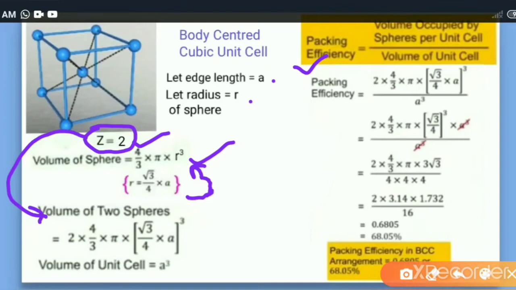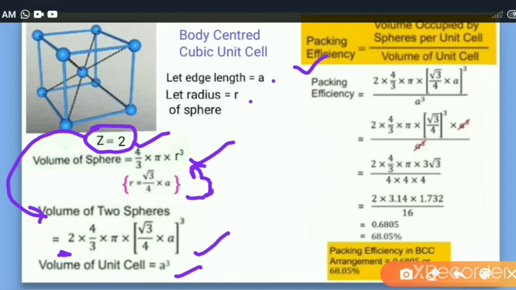Here 2 spheres are there, so the volume of 2 spheres is equal to 2 into 4 by 3 pi, and in place of r we write root 3 by 4 into A, whole cube. The volume of the unit cell, because the unit cell is a cube, is A cube.